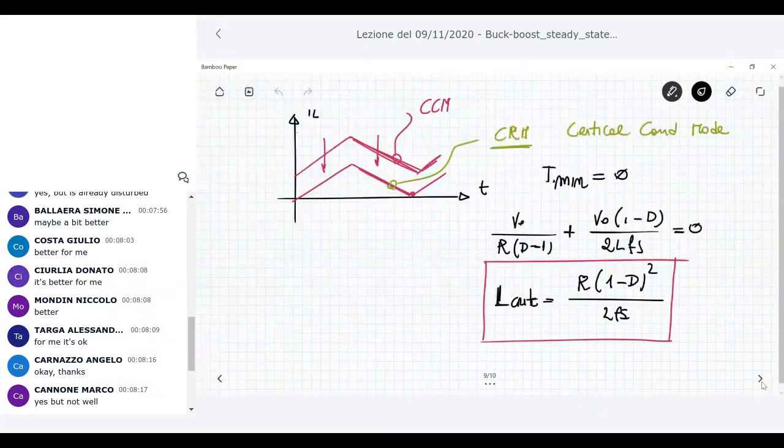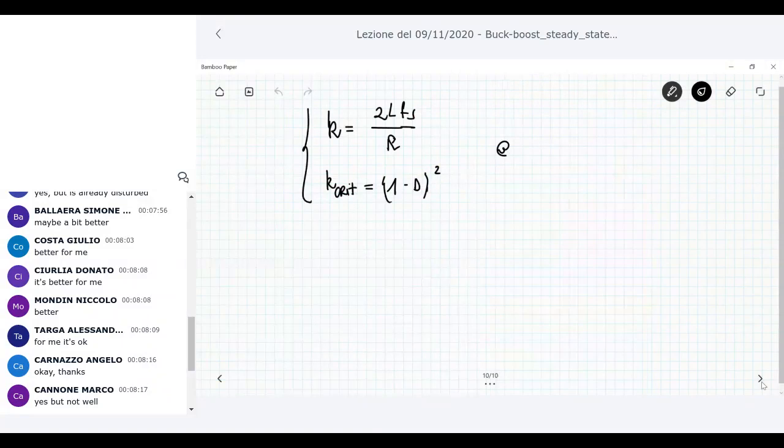In the critical conduction mode, you have that Q Fs L divided by R is exactly K critical. So at CRM, K is equal to K critical.